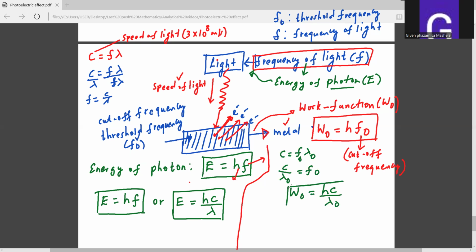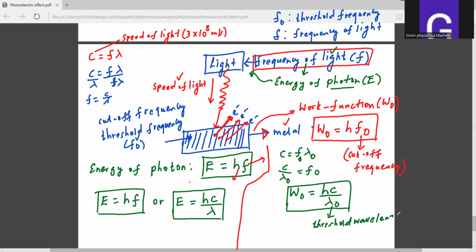And guys, be careful. If we talk about lambda without the naught, we are referring to the wavelength of light. But with the naught, it is the cutoff wavelength, or the threshold wavelength.